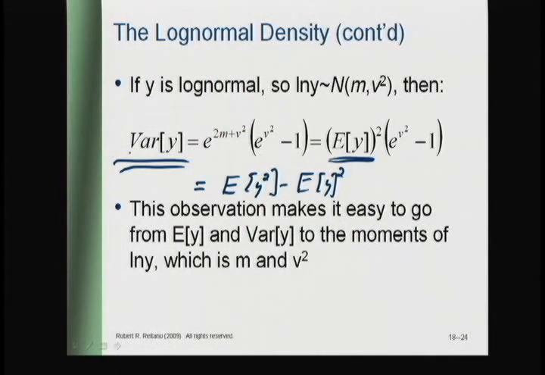How about going backwards? What if you were given the mean and the variance of the log normal distribution, and you were asked, what's the mean and the variance of the normal distribution that gives rise to it? And these formulas can easily be used. I'll do a simple example. Imagine that you're given that the expected value of y is 2, and that we'll assume that the variance of y is 8.